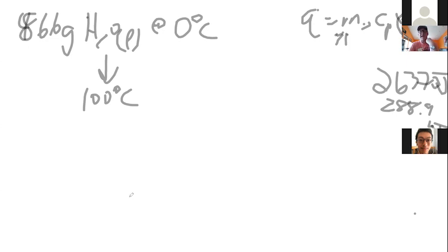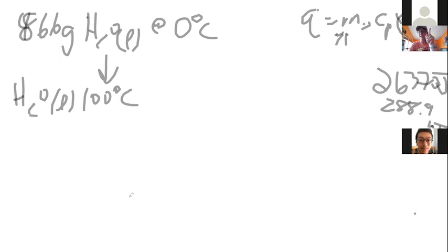Am I changing the phase during this process? So I'm taking liquid water at 0 degrees, and at the end I'll have liquid water at 100 degrees. So am I changing the phase of the water? No. So that means it's not a fusion, it's not an evaporation.